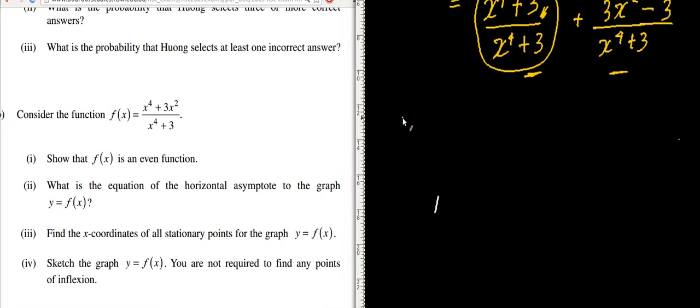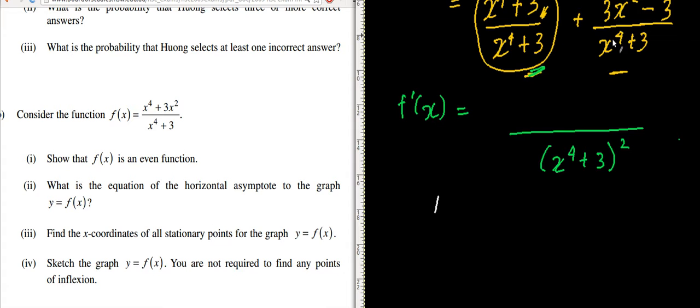So f dash x is going to be equal to, so this part is going to disappear, become 0 because it's just 1, right? And this part over here, you need to remember your quotient rule, but it goes like this. So the bottom is going to get squared, right? And the top over here, what you do is you write exactly what you wrote over here, without changing it, and then we multiply it by the top differentiated.